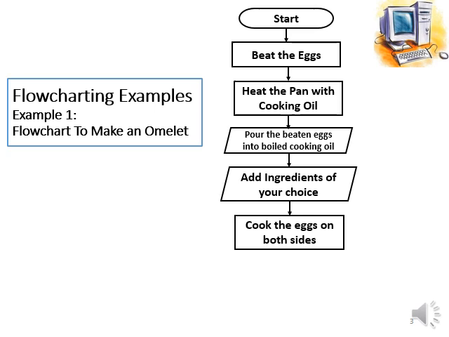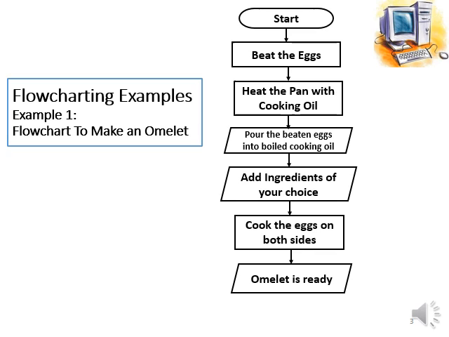Then cook the eggs on both sides. Now it is a type of processing. It's a process of cooking the eggs on both sides, so it is represented by rectangle symbol. Omelette is ready.